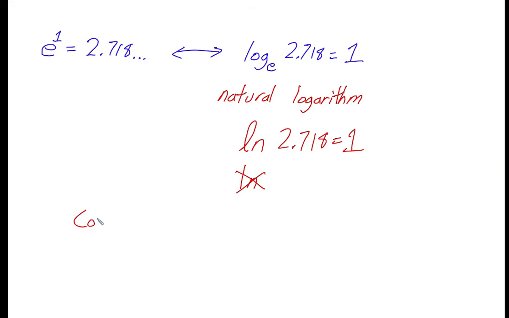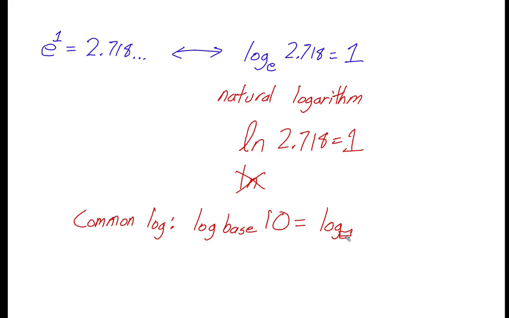So the only two that have special names are the common log, which is the log base 10, and that one's written as just log. We don't put any number down here of whatever we're taking the logarithm of.